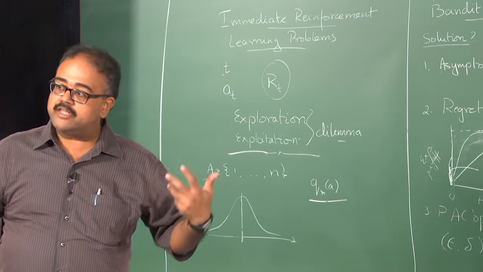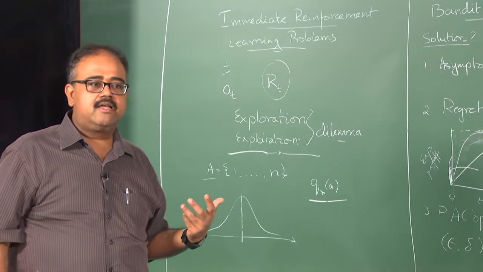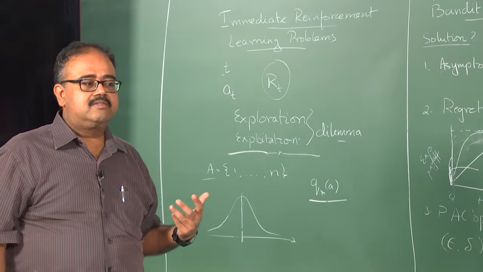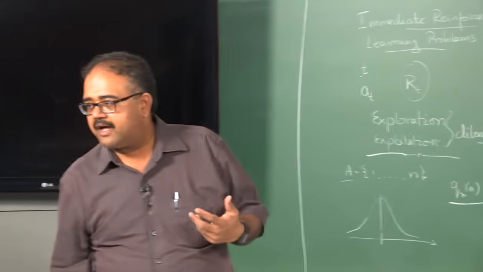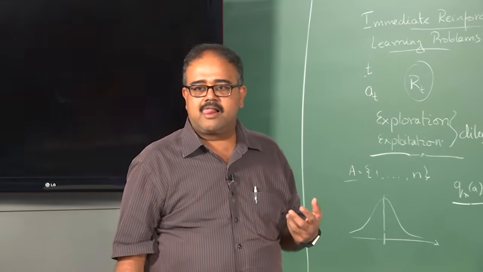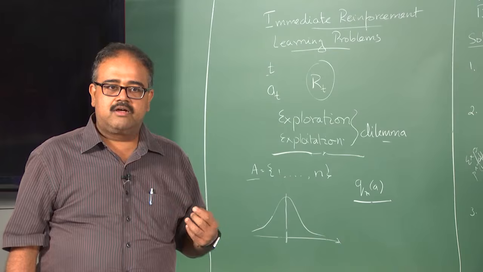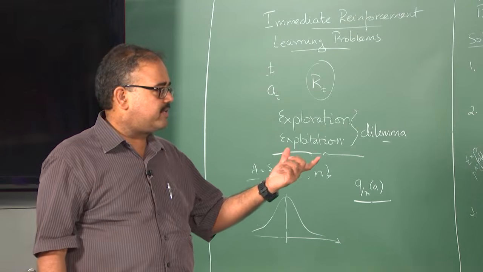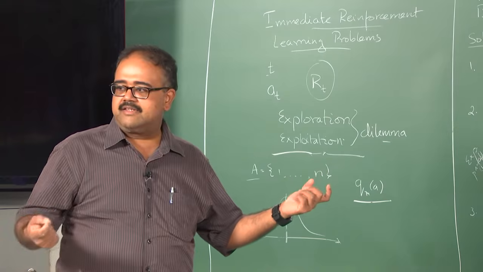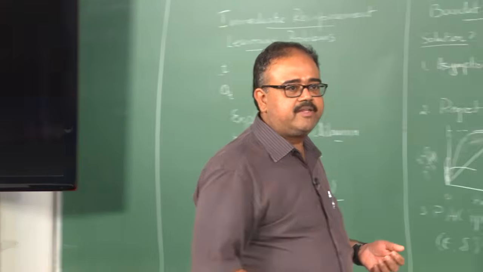But since I do not know the expected value of RT, what I am using here is some kind of a measurement of that expected value, and the unbiased measurement is a sample drawn from the distribution according to which you are taking the expectation. When I say expected value of RT, RT is a sample, and if I take the average of all these samples it is going to give me the expected value.